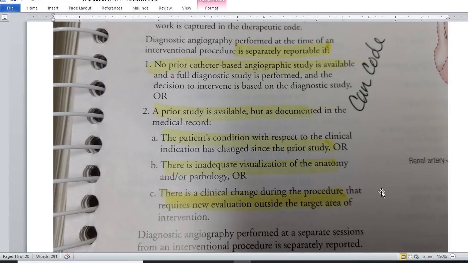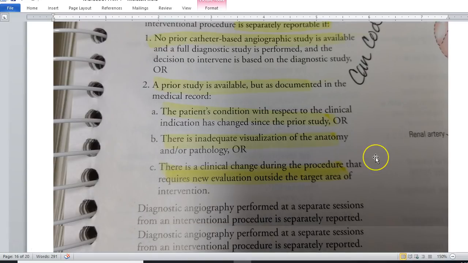So basically, this is what you need to keep in mind. We can code these if they've never had one before, or if they have had the study done before, but something has changed, perhaps the film is just too old, or there's been a clinical change. So again, how does the provider describe the patient as we're going through these interventions?